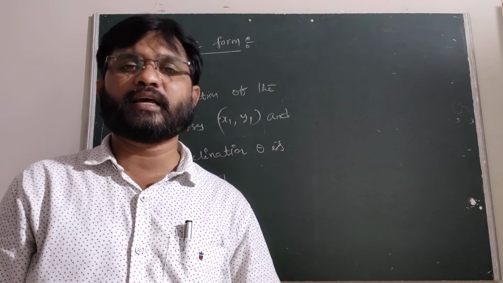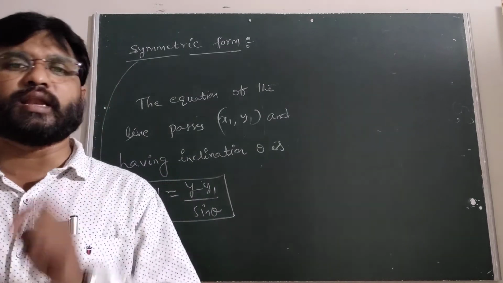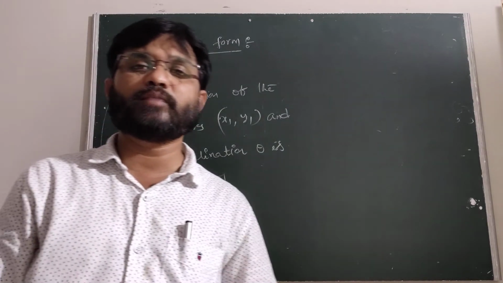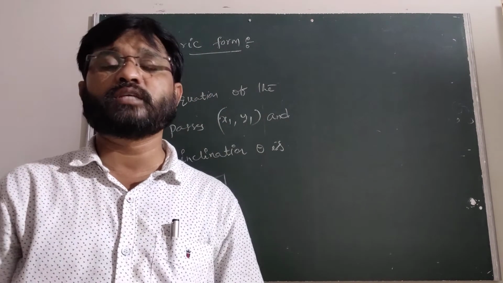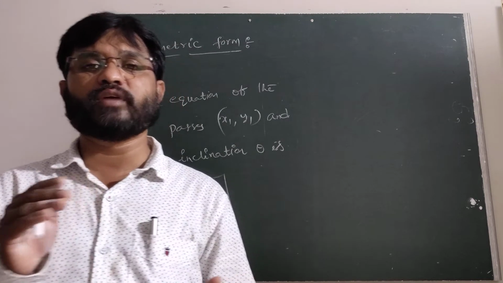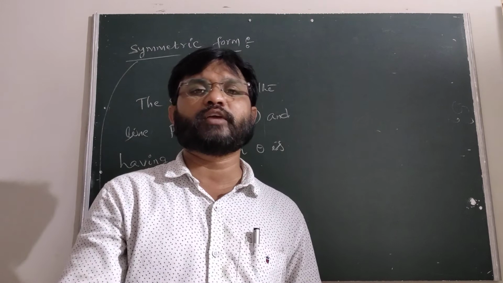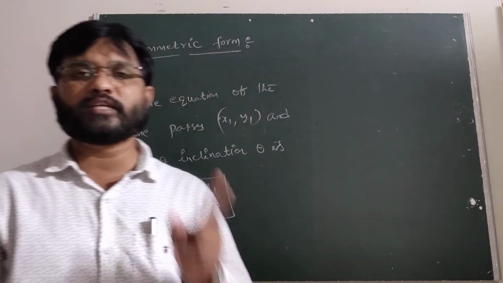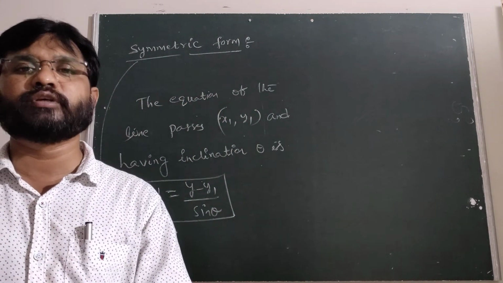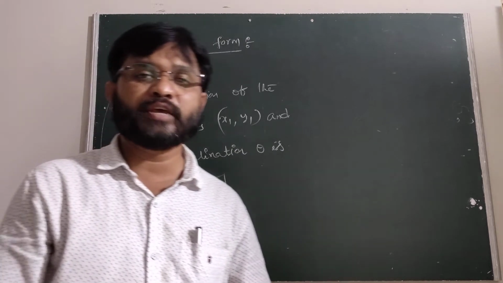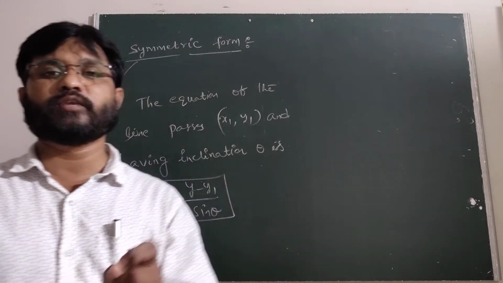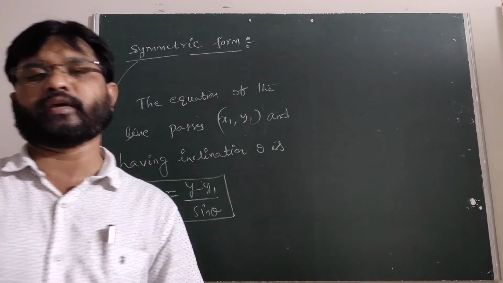The perpendicular distance from the origin to the line ax plus by plus c equal to 0 is mod c by root of a square plus b square. The perpendicular distance from (x1, y1) to the line ax plus by plus c equal to 0 is the modulus of (ax1 plus by1 plus c) by root of a square plus b square.